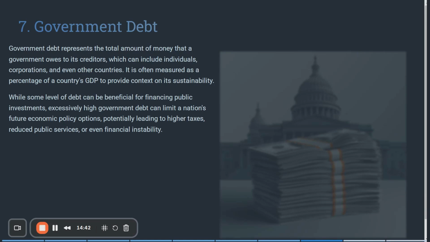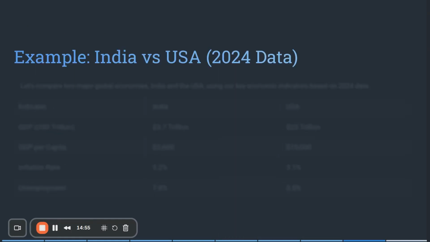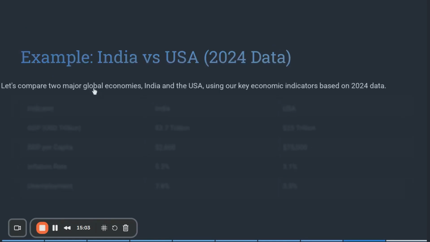We are comparing India versus USA. The first indicator is GDP, in US dollars, in trillions.